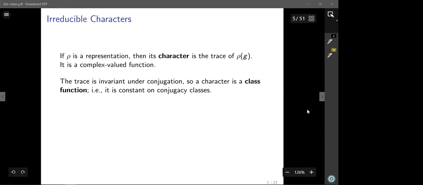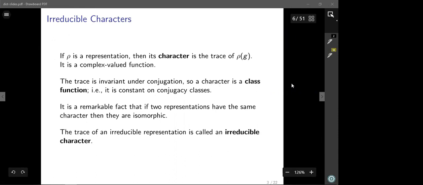The other thing is that the character value only depends on the conjugacy class of the element, because the trace is invariant under conjugation. So the character is constant on conjugacy classes. So it seems like you're losing a lot of information here. But there's a remarkable theorem, which again, I'm not going to prove: if two representations have the same character, then they are isomorphic.